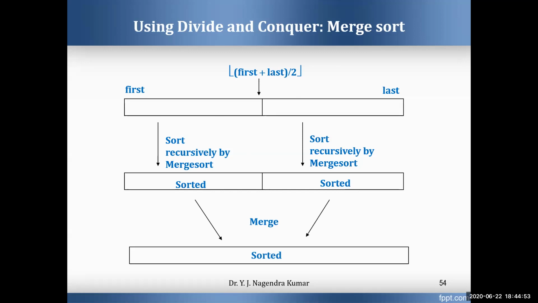Once the sorted subarrays are ready, you perform the merge operation, so that you will get the solution for the original problem. That is, the sorted ascending order of elements for the unordered elements that are present in the array.